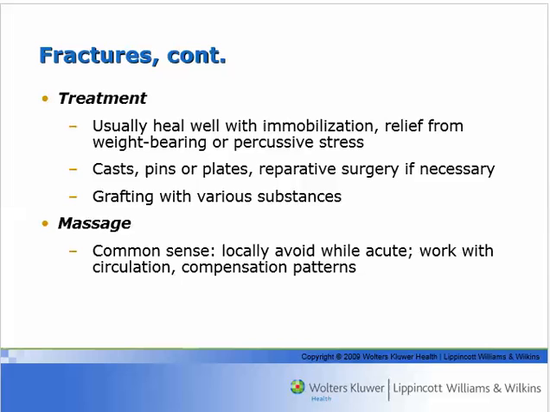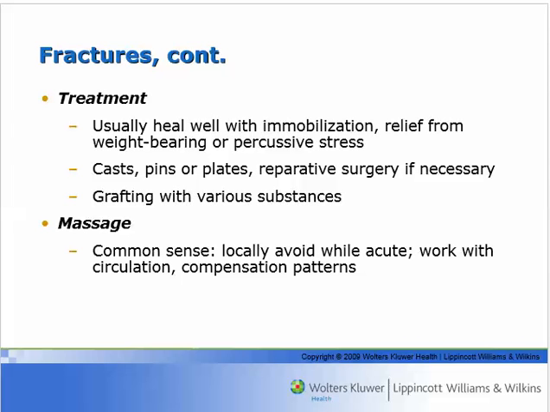There are all kinds of complications that can happen. You can end up with bony deformities because of a malunion. If the two ends of the bones don't meet in alignment again and they heal, you can have a pretty crooked bone.